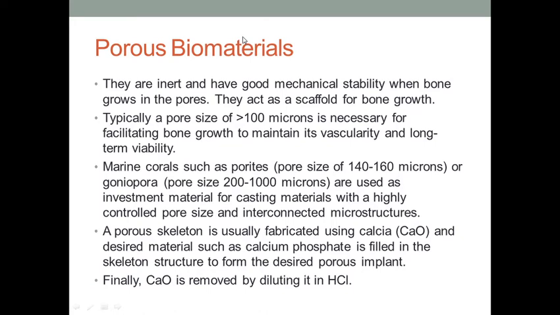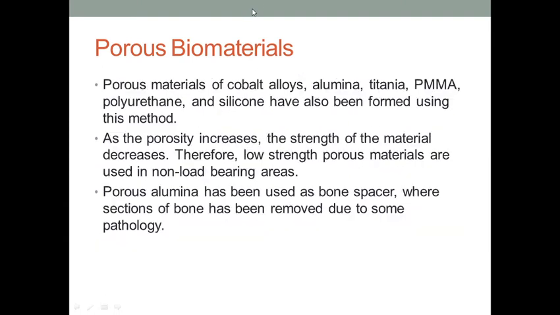So after you have filled your scaffold with a required amount of calcium phosphate, and it has taken in the shape of the desired bone, then you just dip the entire process inside hydrochloric acid, and the calcium oxide layer or the calcia layer just melts off, and what is left is your porous structure or porous implant.